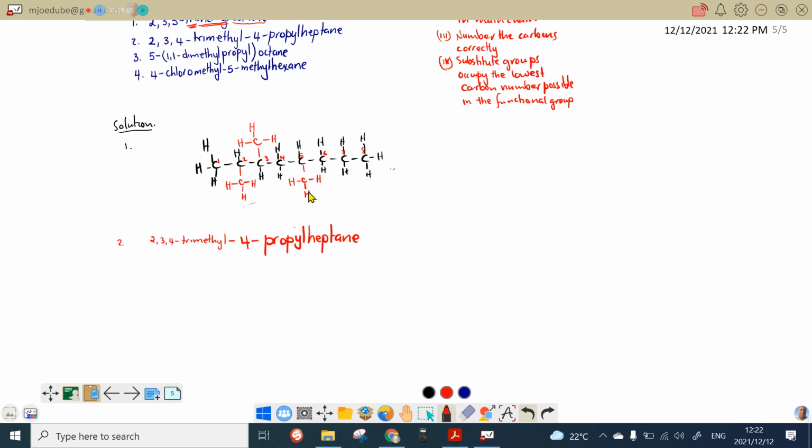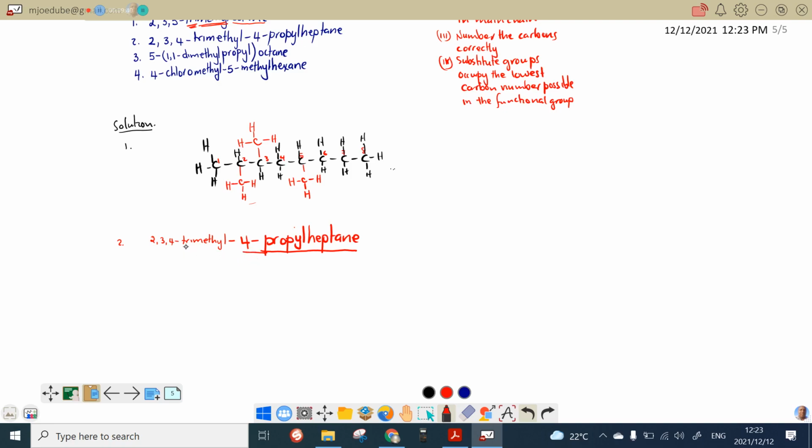Again, you've got to identify your parent chain, which is the propyl heptane. So in this case, it is not just a plain heptane structure. There's a substitute on it, which is the propyl group on carbon number 4.